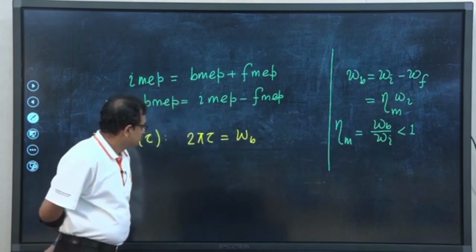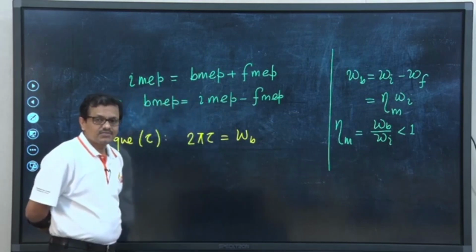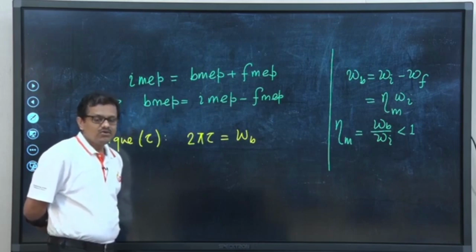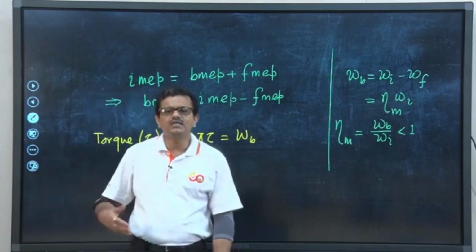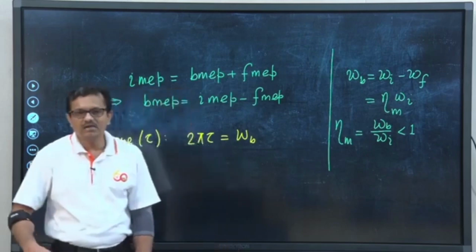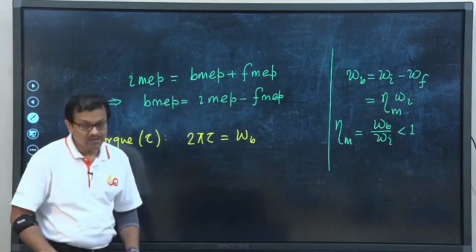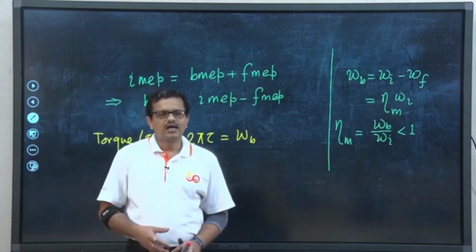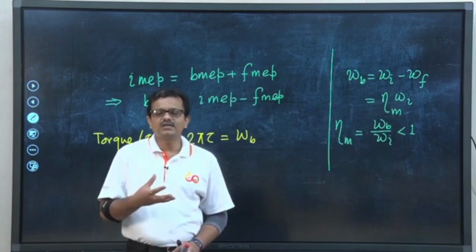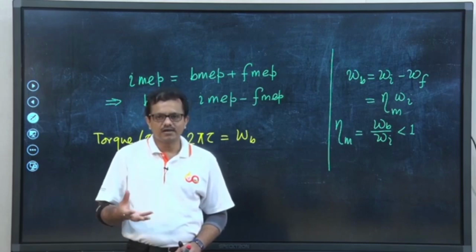And the question is why it is brake? I think you have studied the dynamometer. Dynamometers are used to measure some quantity, and that dynamometer measures that quantity at the crankshaft.